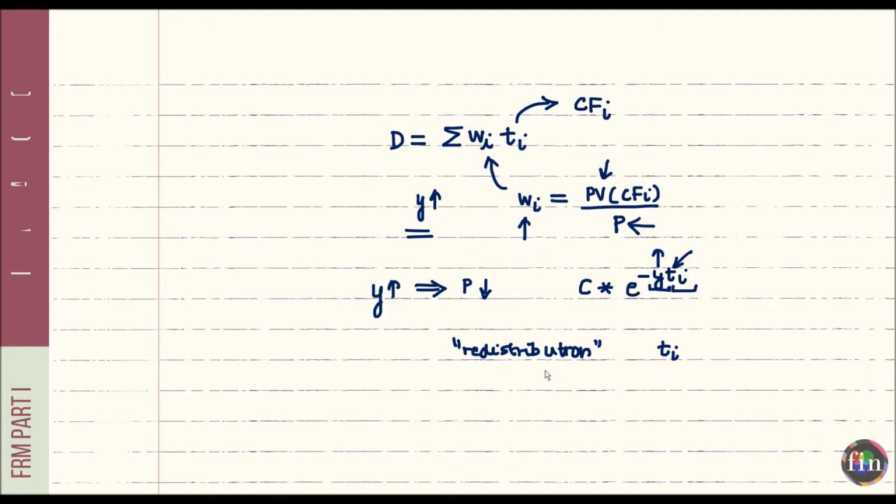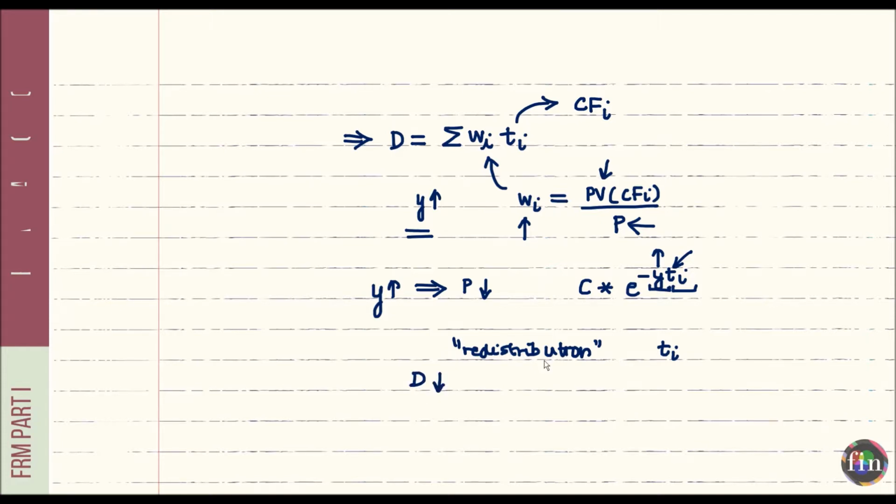Now, if this redistribution of weights happens, and if duration is indeed a weighted average time to receiving all these cash flows, that means that now you are attaching a higher weight to shorter dated cash flows at the expense of the weight which you attach to longer dated cash flows. And therefore, it would bring down duration.